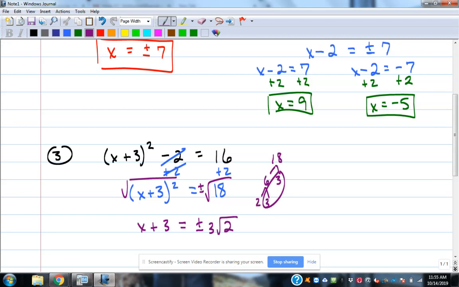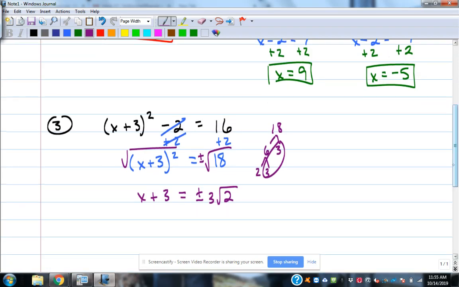Now, this one actually looks a little easier because can you add 3 to 3 radical 2 and combine those? No, they're not like terms. This has got a radical on it, so you can't put them together. So we can get x by itself by just doing one step here. Instead of having to split up and do 2 problems, we can just subtract 3, get negative 3 plus or minus 3 radical 2.